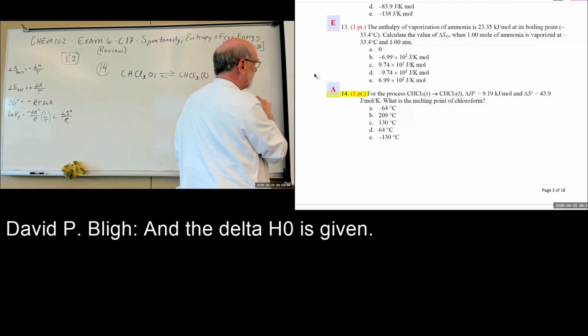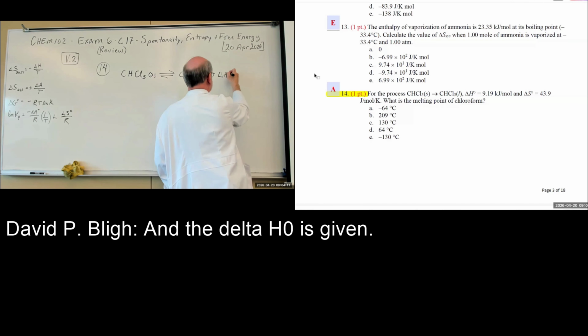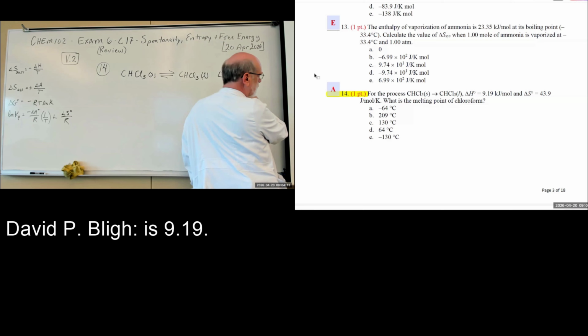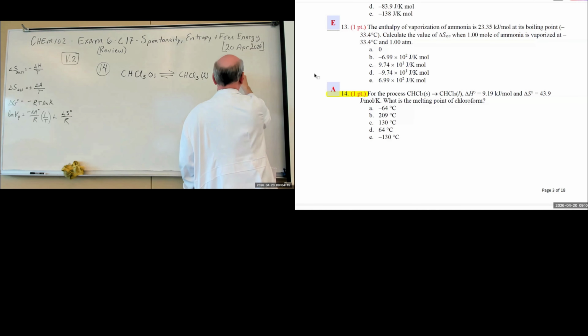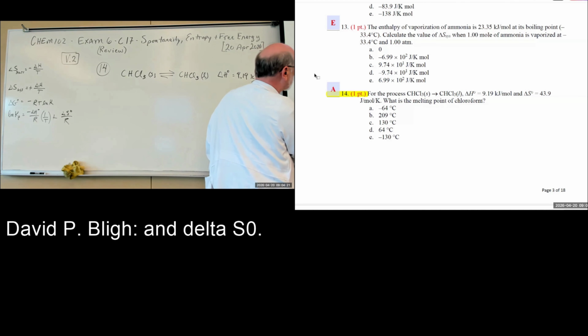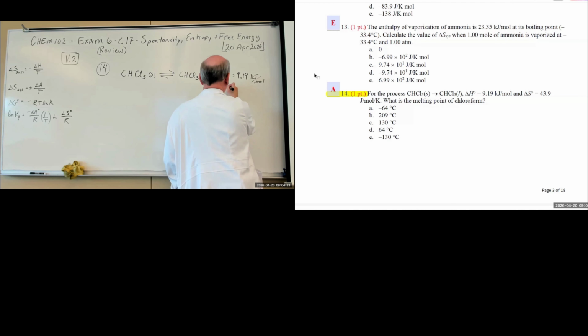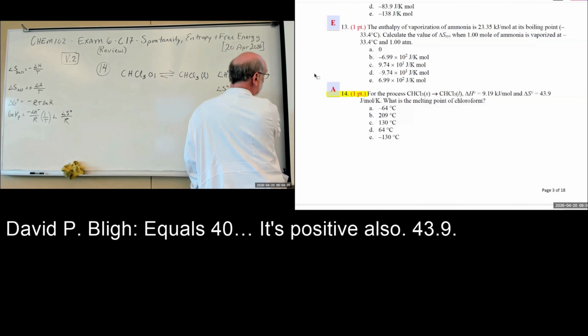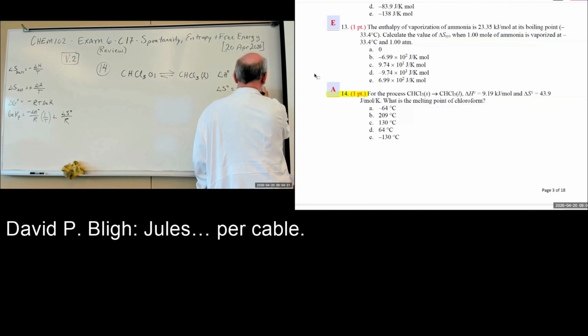Okay, and the delta H0 is given as 9.19 kilojoules per mole, and delta S0 equals 43. It's positive also, 43.9 joules per K mole.